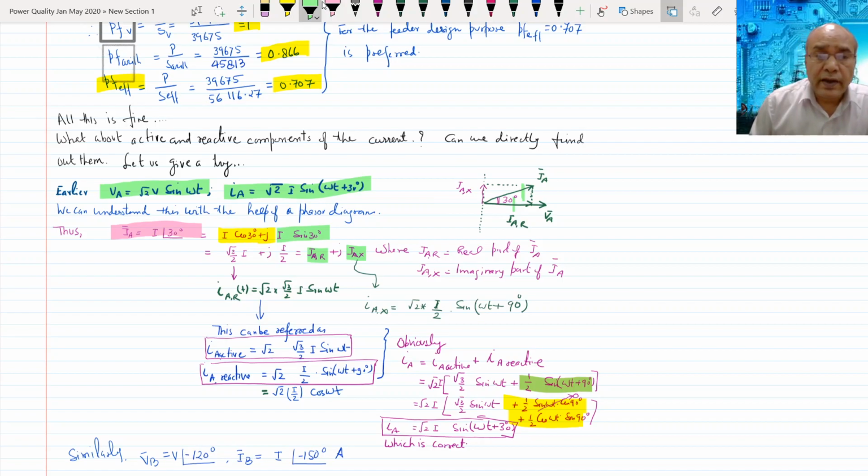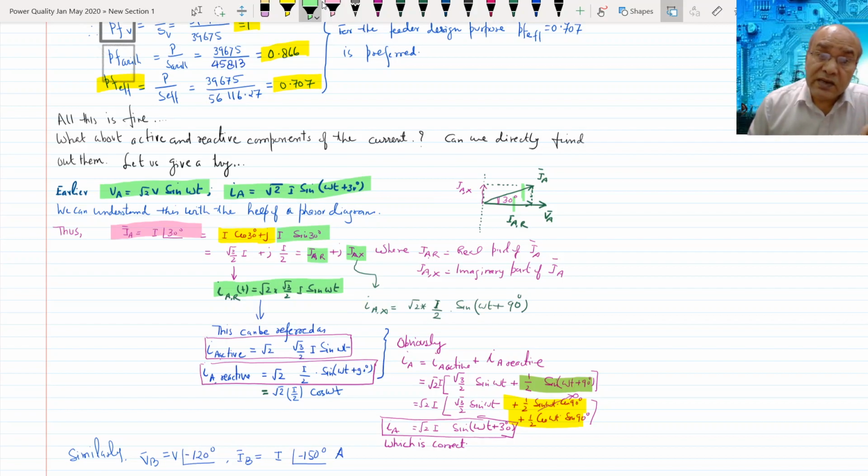So this active part, the real part of the current, is in phase with the voltage. Therefore, we can write that this is the real part of the current with a magnitude of root 2 as the factor for the peak value, and root 3 by 2 I is the value of I cos 30. So this into sin omega t.